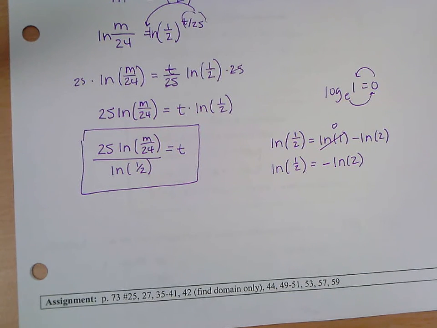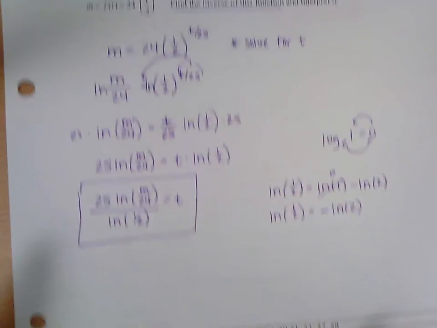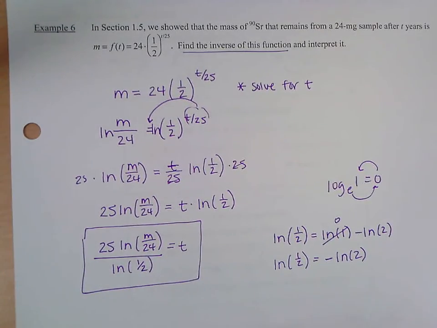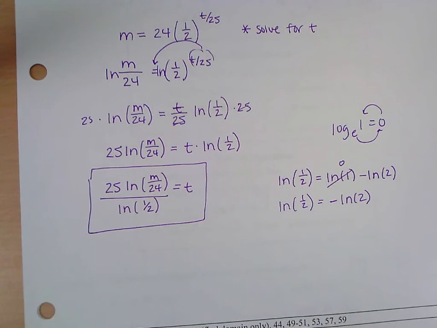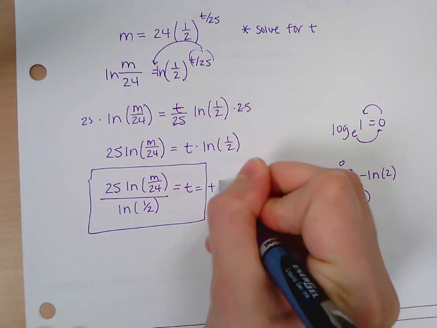And then for interpreting, we didn't talk too much about interpreting inverses. So the original function was showing the mass remaining after t years. What is the inverse showing? Because this is really, t is now a function of m.